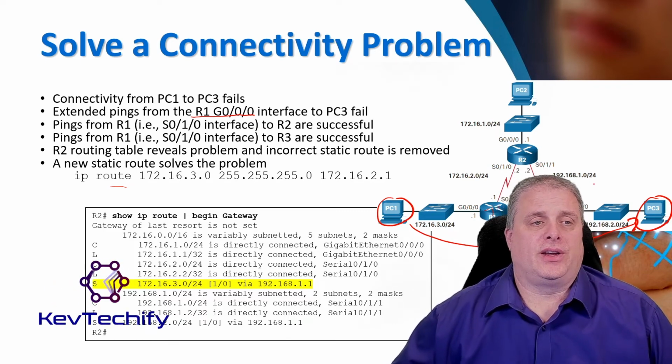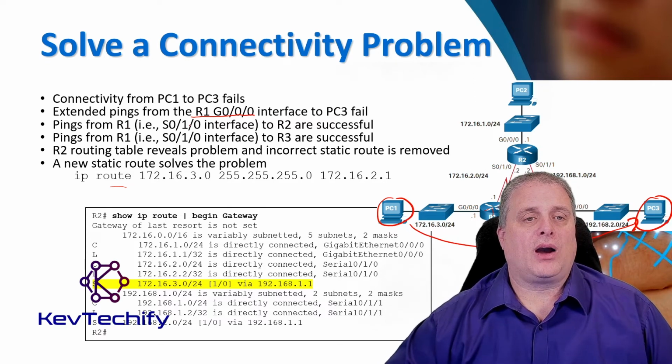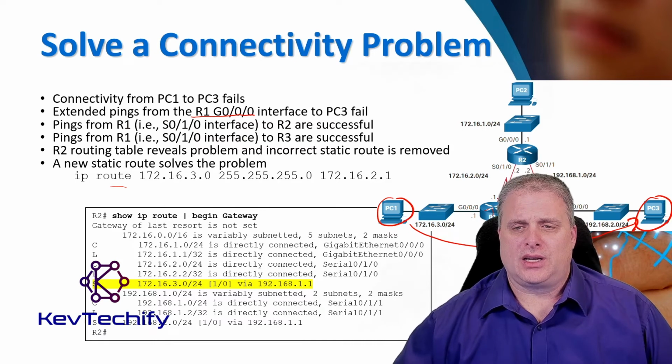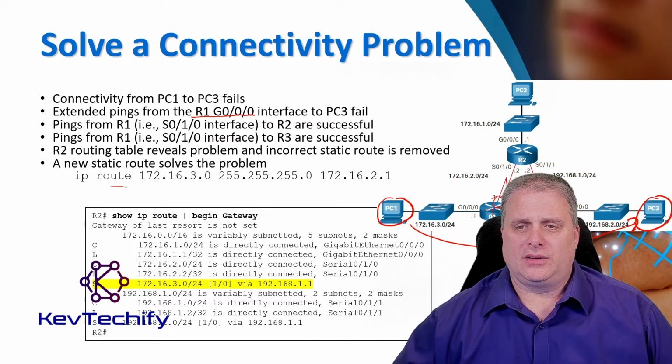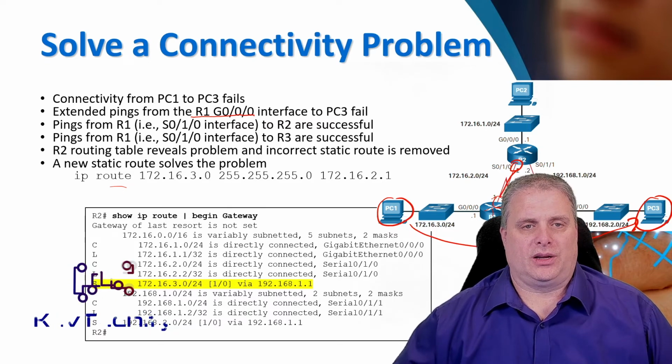That'll most likely fail. We can send pings from R1, the serial 0/1/0 interface, so we can send a ping from here and ping here. That tells us if this network is working.